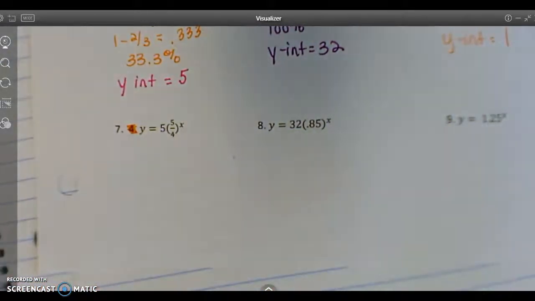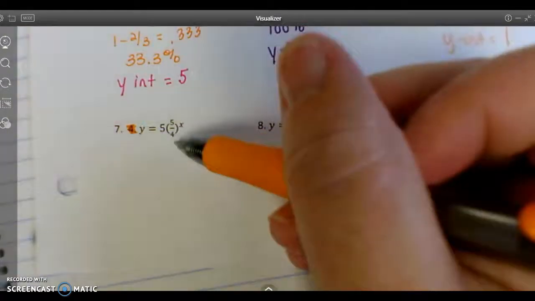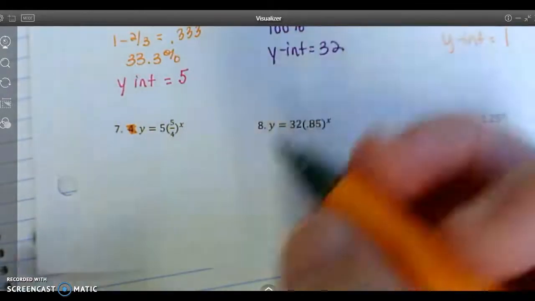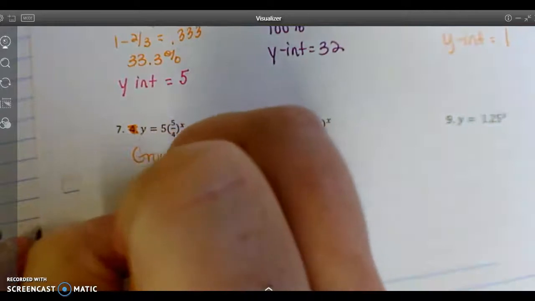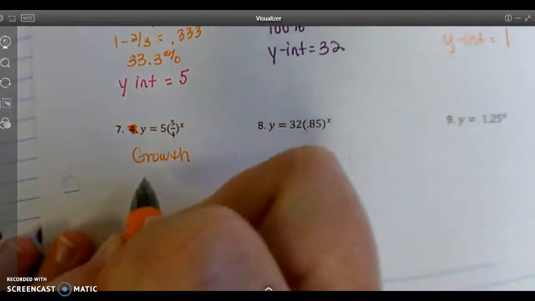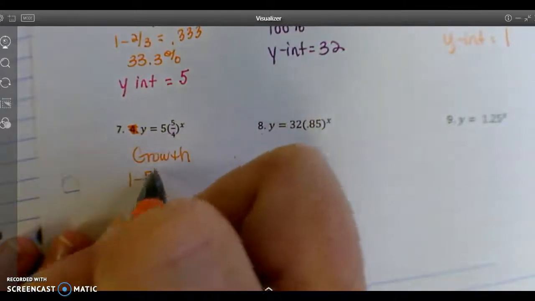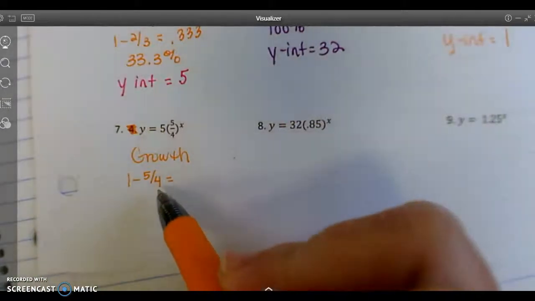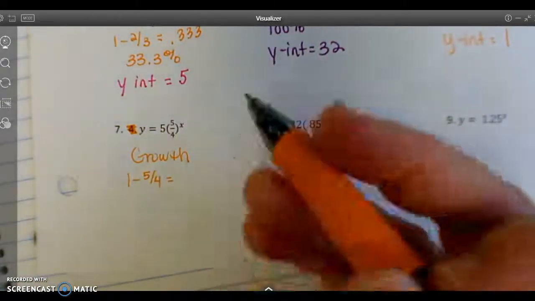Now, just because it's a fraction doesn't mean it's decay. What you have to figure out is is 5/4 bigger than 1 or not. And if you put it in the calculator, you'll get 1.25. 5 is bigger than 4, so I know that that fraction, even though it's a fraction, is actually bigger than 1. So this is a growth problem, even though maybe you didn't think so because of the fraction. You'll take 1 minus 5/4, and if you do it that way, it'll give you a negative, but that's okay.